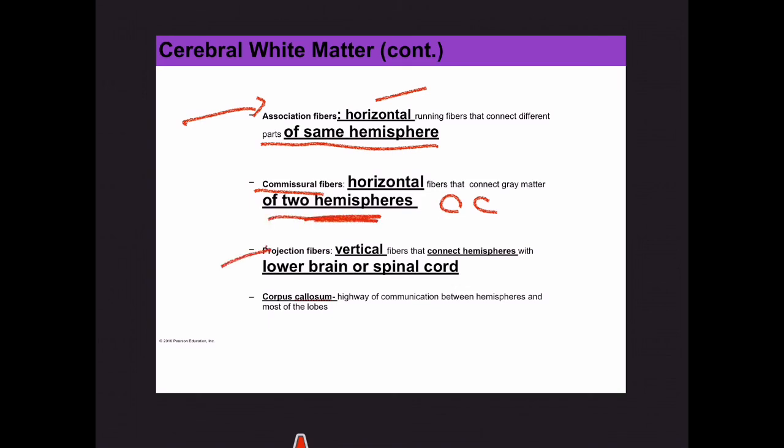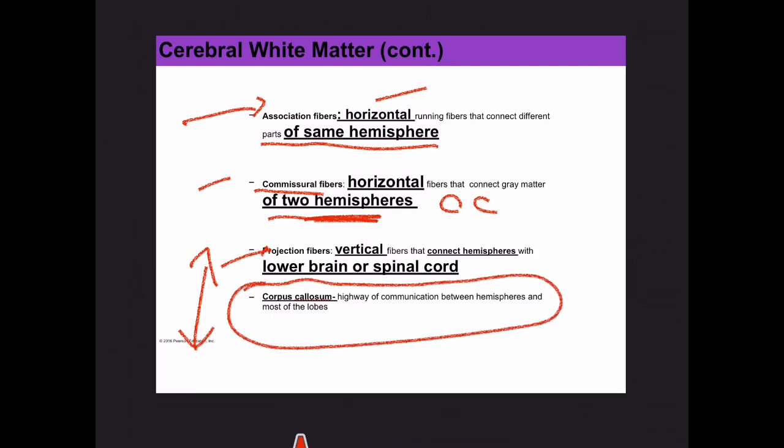And projection fibers are going in and out of the body, going long ways. The corpus callosum is that key structure communicating between the hemispheres of most of those lobes.